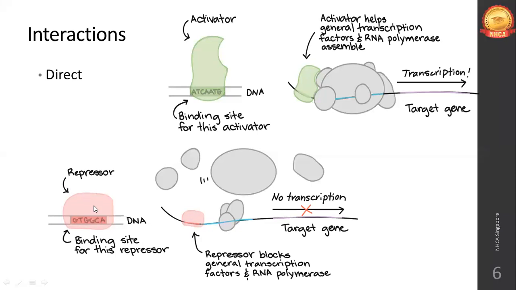And some foods, like garlic and all, are also natural repressors of genetic mutations. There are certain foods, we will come to that later, that are natural repressors of genetic mutation. They will not allow too many transcriptional changes to take place in the DNA. So this is the direct interaction. Is it clear to all? Direct interaction.